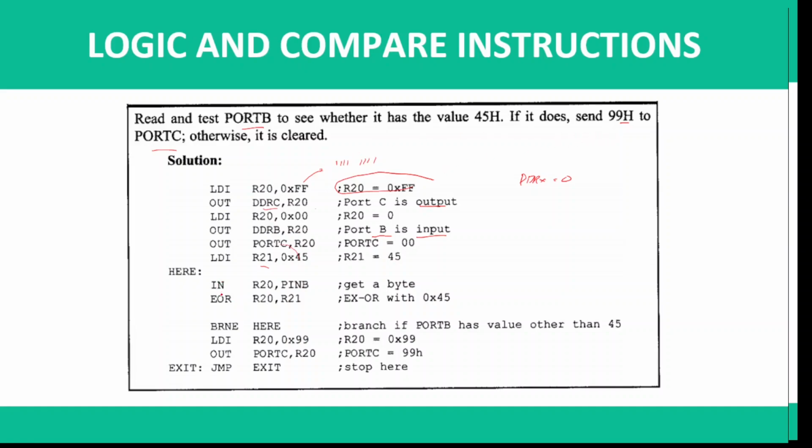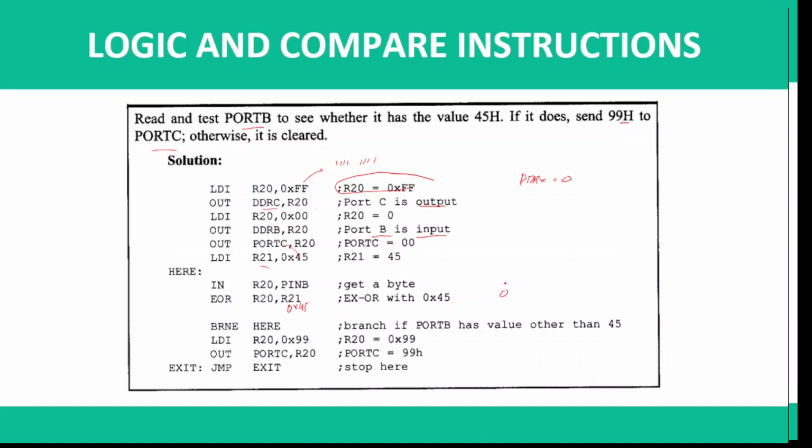So here we have a loop. We read pin B, put it in R20, and then exclusive OR them together. So we have here 0x45, which we compare to the value in R20. If register 20 is equal to 0x45, our output would be 0.